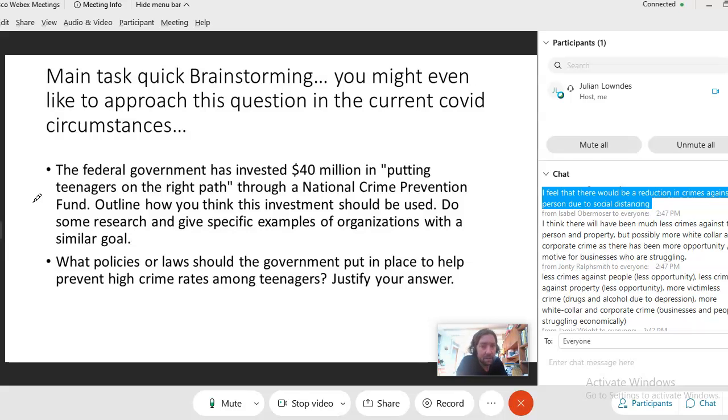If you really want to, you could even approach this within the COVID environment that we find ourselves in. If you had $40 million to reduce teenage offender rates in crime, say the Victorian Police gave you this money, how would you do so?